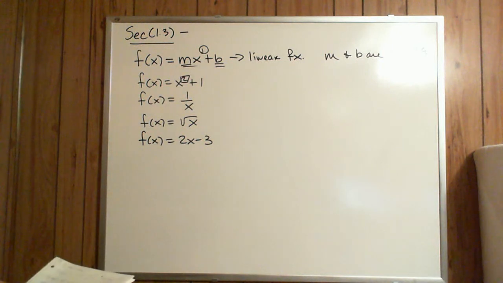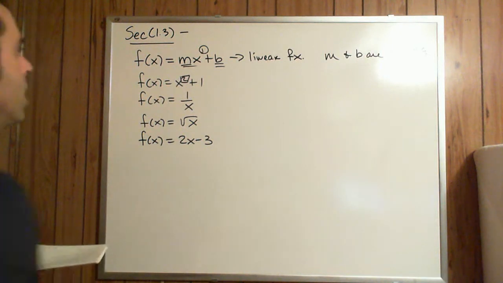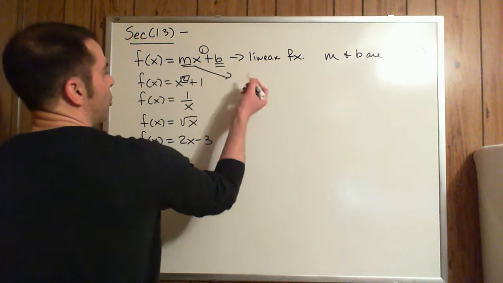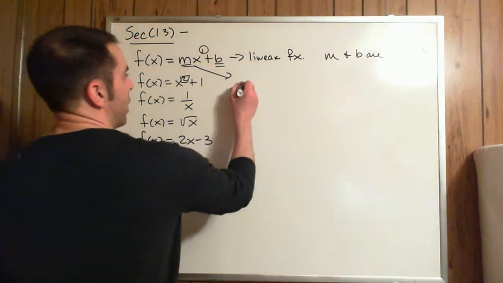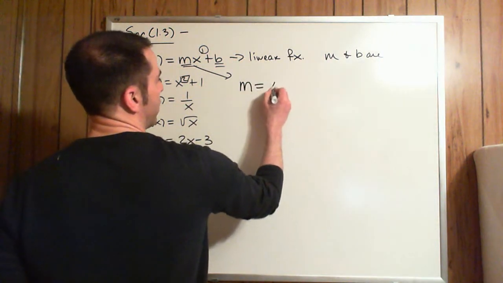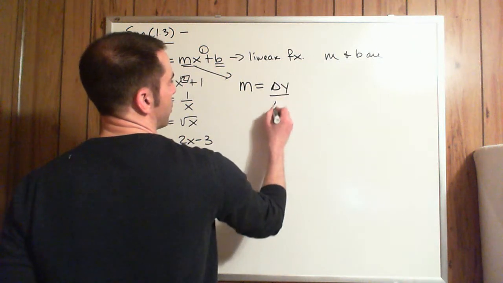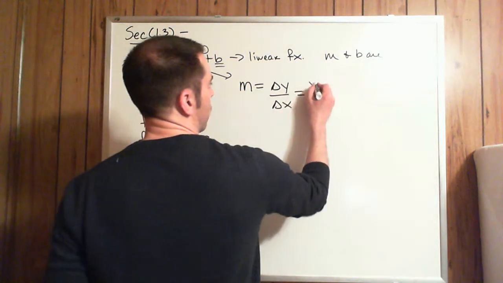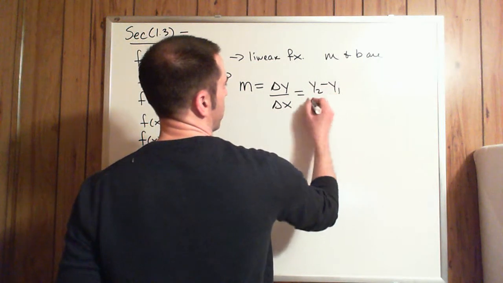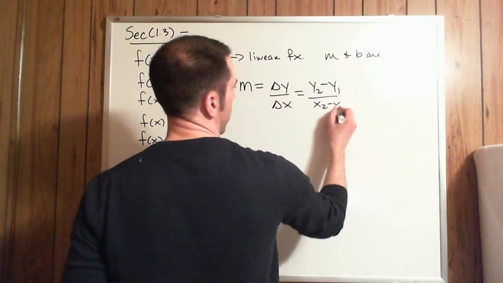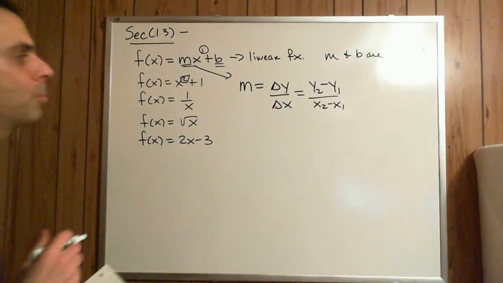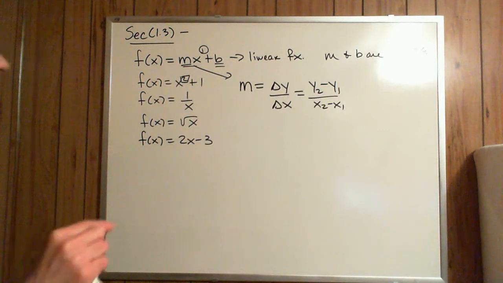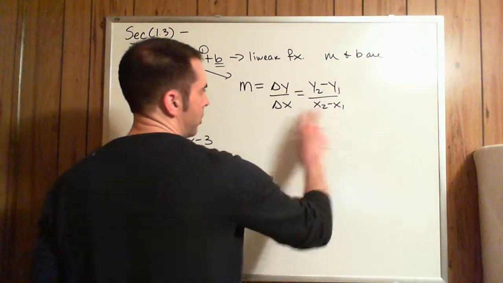You may recall from your previous algebra course that m is called the slope of a line. And by definition, the slope of a line is the change in y's over the change in x. Or you may know it as y2 minus y1 over x2 minus x1. You simply subtract the y's, and in the same order you subtract the x's.